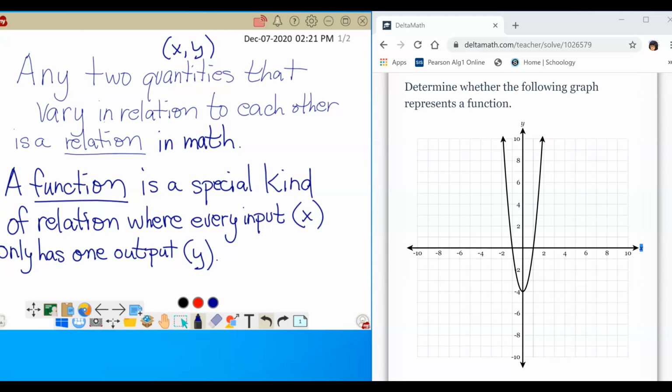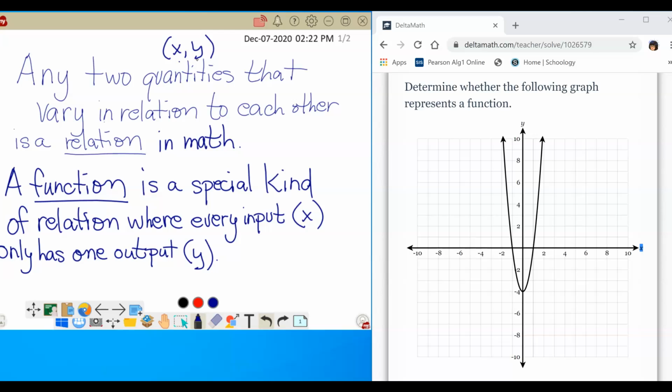When you compare two quantities like x and y, if they vary in relation to each other, one is dependent on the other, or they just vary, you call that a relation in mathematics. A function is a special kind of relation where every input, x, has only one output, y.